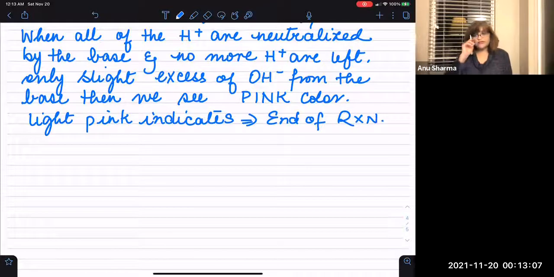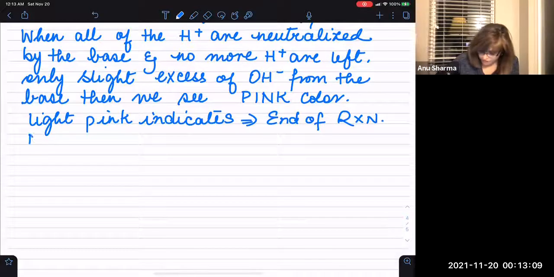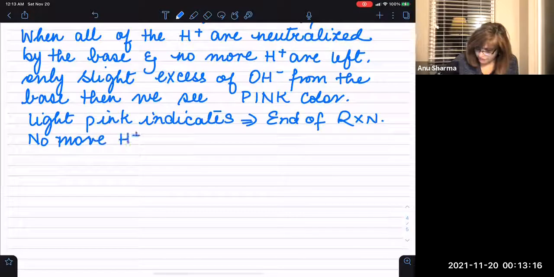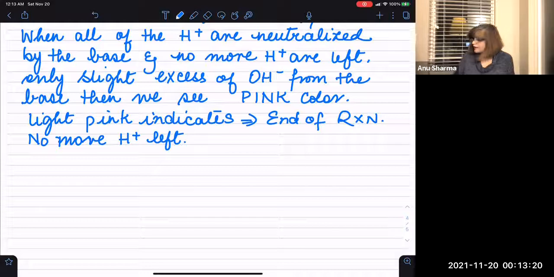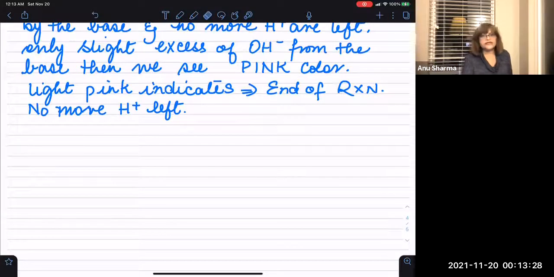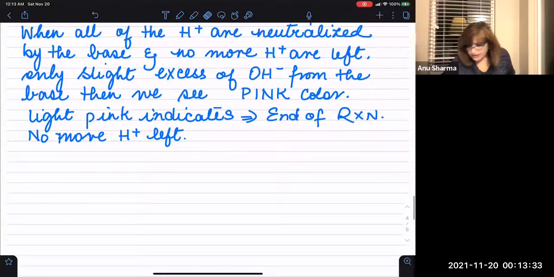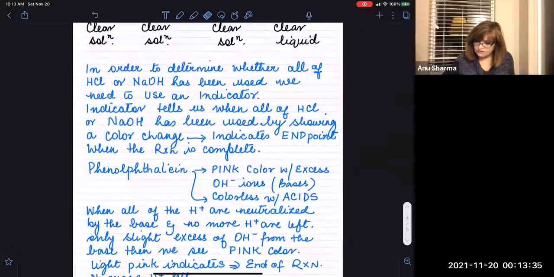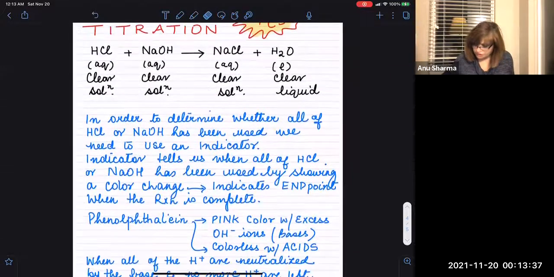When no more hydrogen ions are left, and only a slight excess of OH ions, just a little bit, a light pink color is what you need. So this is the basic setup, or the theory behind this whole titration.